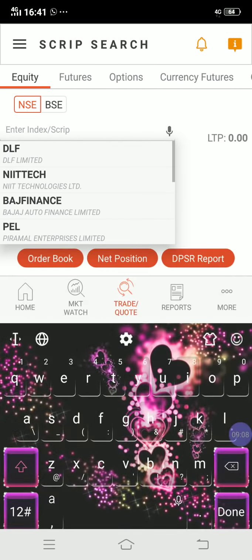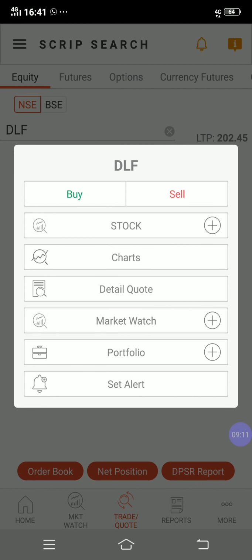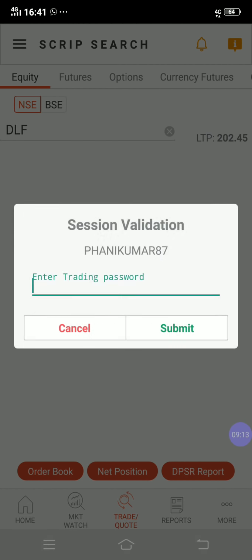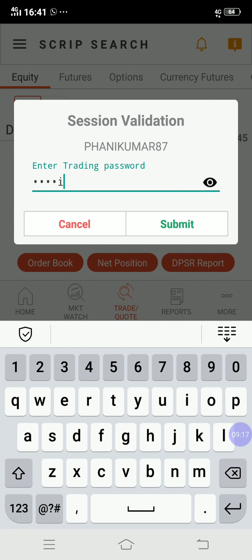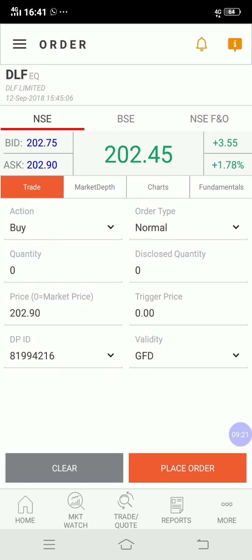Okay, and now if I would like to buy, I have clicked buy, and now the matter is that you need to enter the trading password whenever you buy. Once you enter the trading password, it stays logged in for half an hour, and after that it will automatically be logged out again.